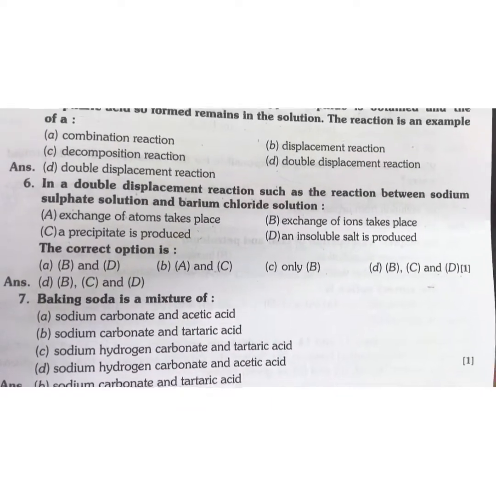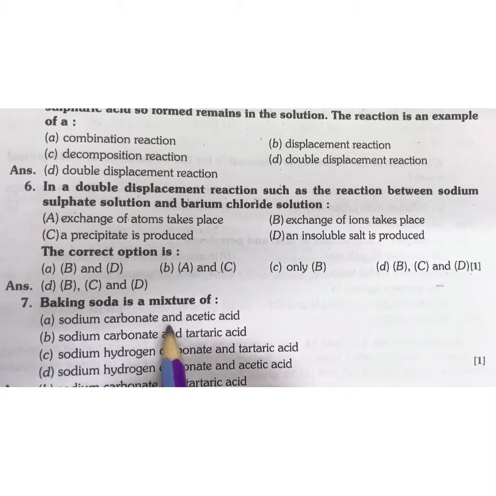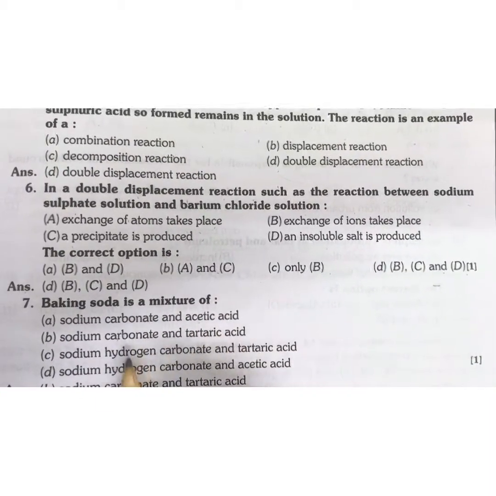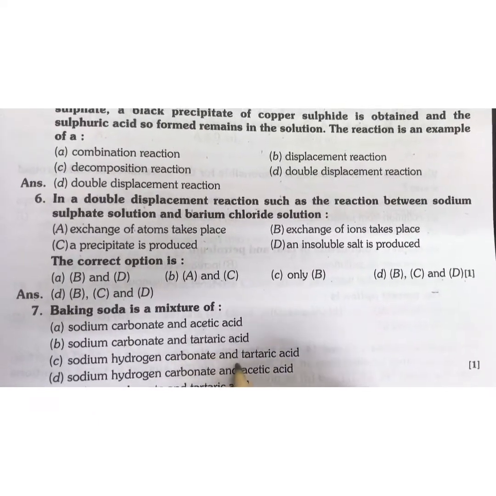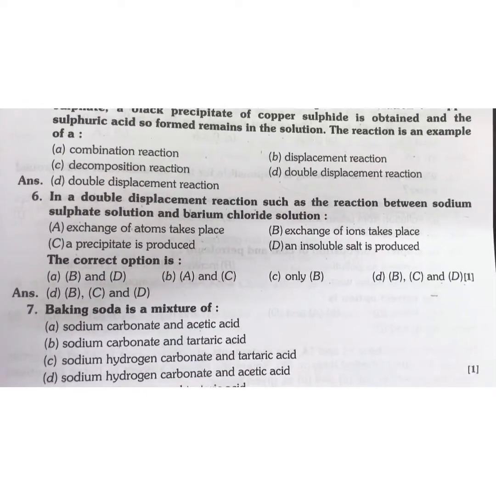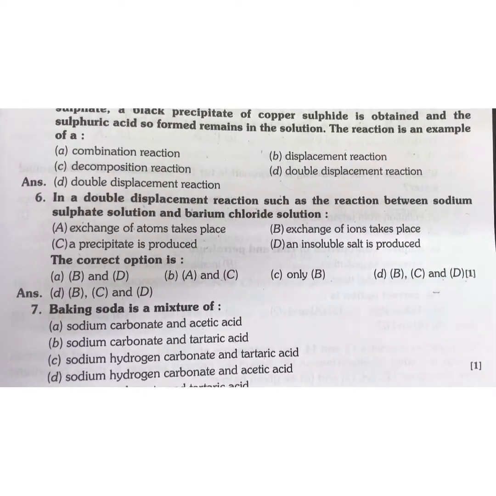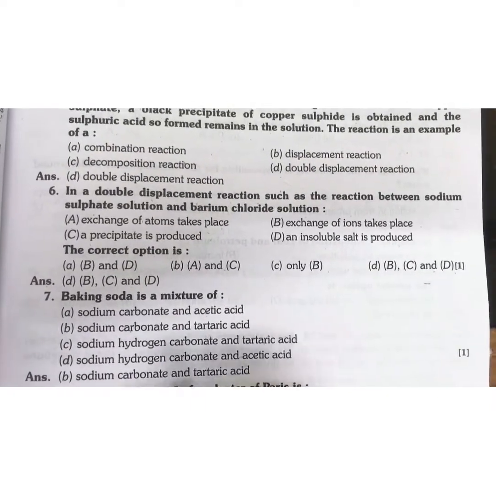And this question, see students, baking soda is a mixture of sodium carbonate and acetic acid, sodium carbonate and tartaric acid, sodium hydrogen carbonate and tartaric acid, sodium hydrogen carbonate and acetic acid. So students, similar questions we have done, so many questions we have done. Answer is sodium carbonate and tartaric acid.